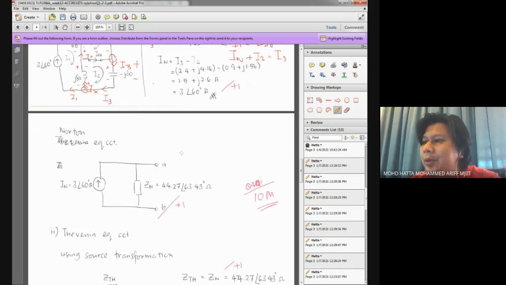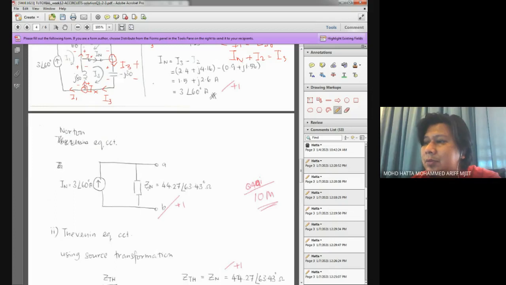This is the time where we put all the information that we calculated into a circuit, a graphical representation. For the Norton equivalent circuit, as I mentioned earlier, the current source should be in parallel with our impedance, and the impedance we are talking about is the value of Zn, the Norton impedance.